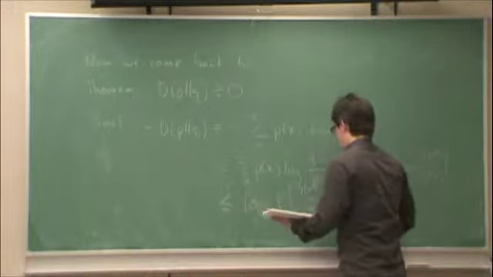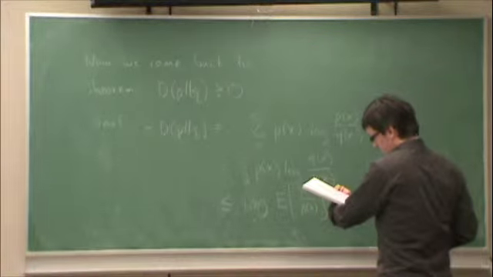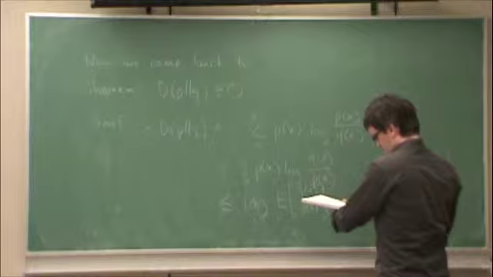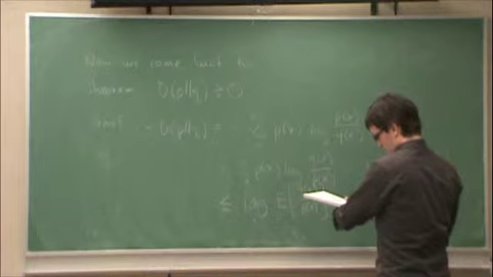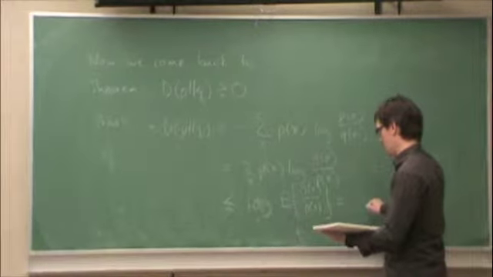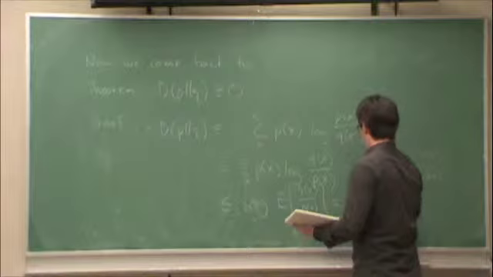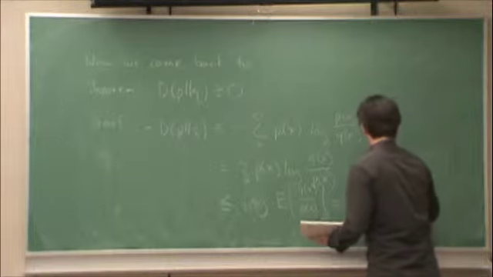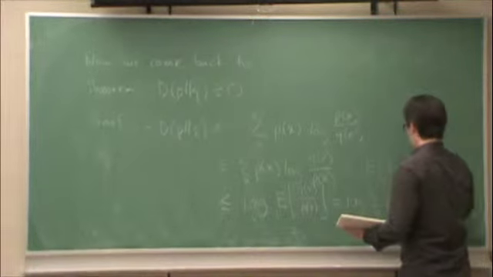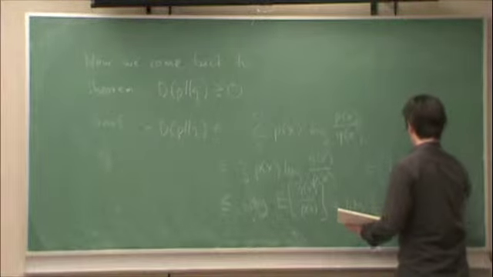Which is equal to, what is the expected value of q of x over p of x? This is log the sum over x, p of x, times q of x over p of x.